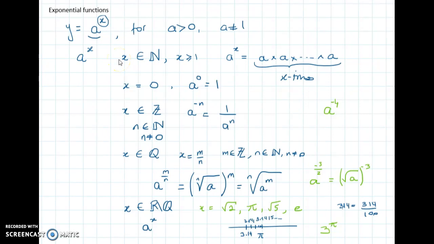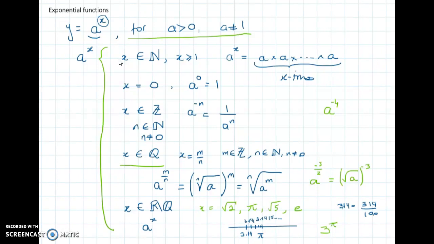So to sum up, we know the conditions for defining the exponential functions we are going to consider. We need the base to be positive and different from 1. And then when we want to find a to the power of x, we have a definition of what that means for values that are rational.